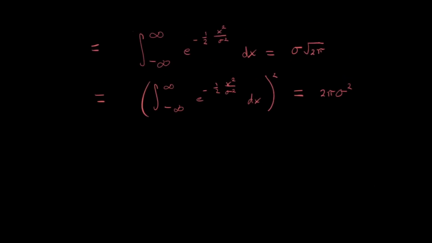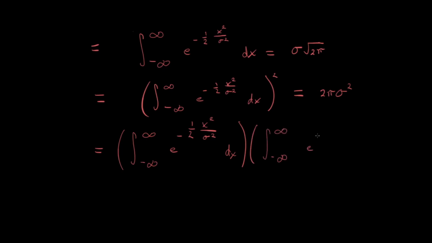So if we expand this out, we can write this as the integral from negative infinity to infinity of e to the minus 1/2 x squared over sigma squared dx, times this exact same integral of e to the minus 1/2 x squared over sigma squared, dx.